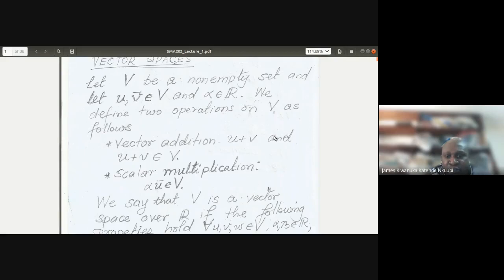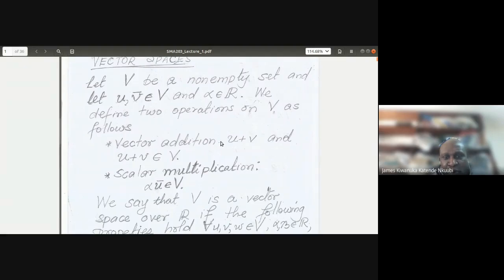We have vector addition and scalar multiplication. For now, we don't have any multiplication of vectors. You don't multiply two vectors. You can only add two vectors, but you can multiply a vector by a scalar.